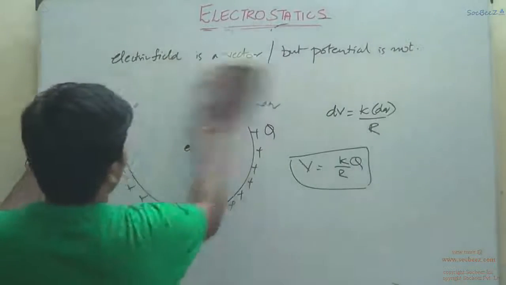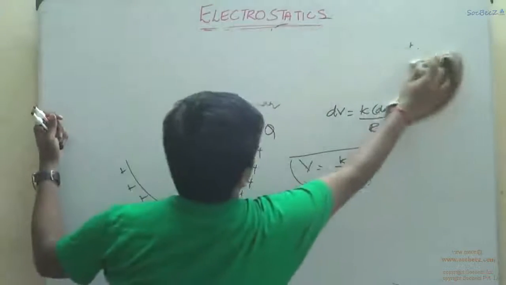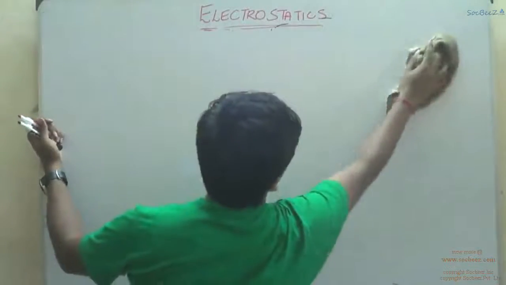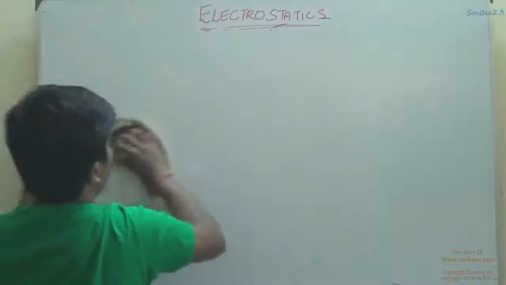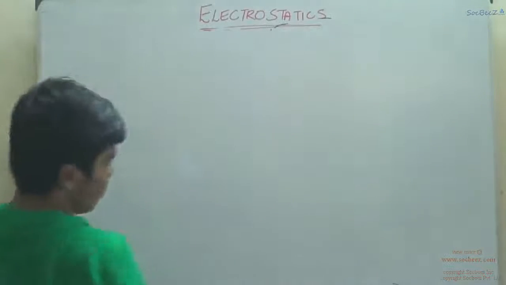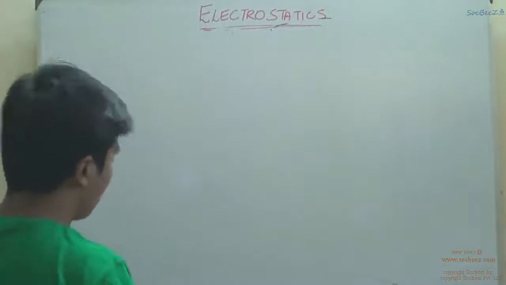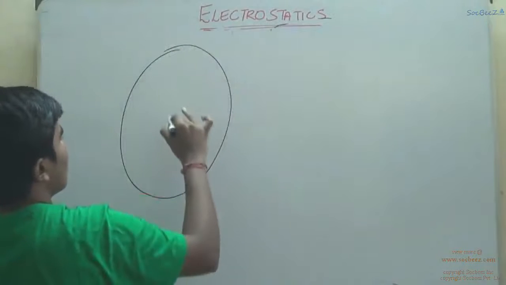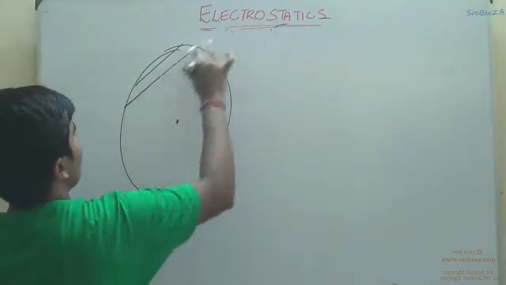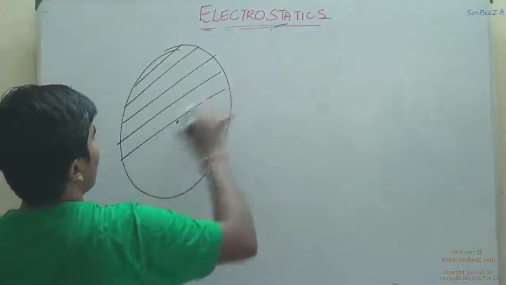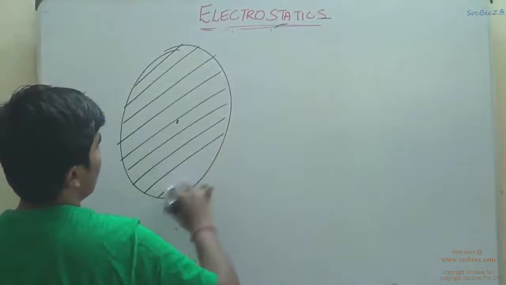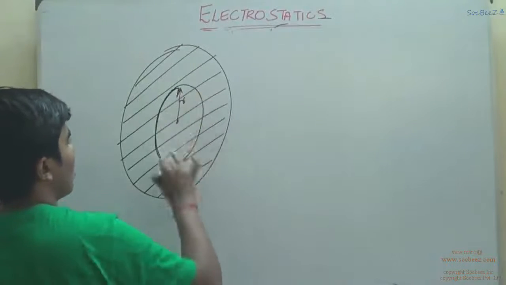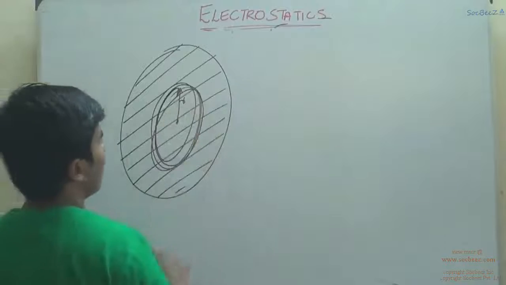Now let us find out the potential at the center of a disk. This is a disk, okay? So for the disk, what I do, I go to a distance r and consider a ring.